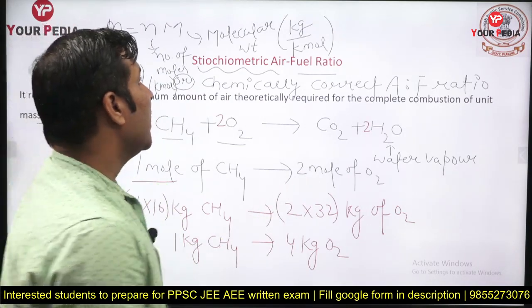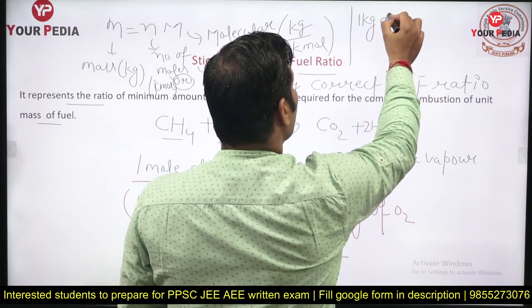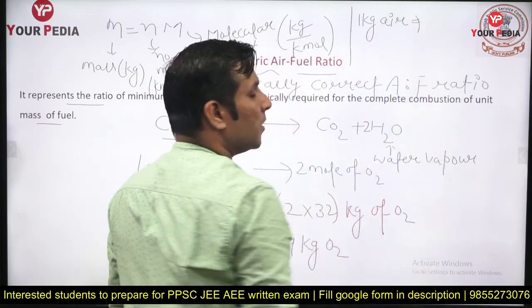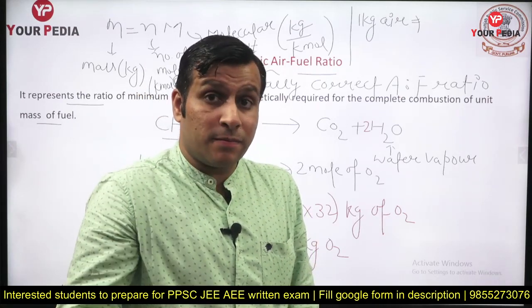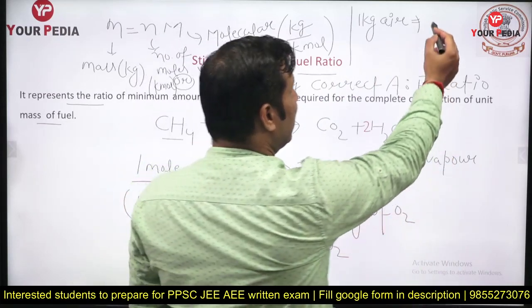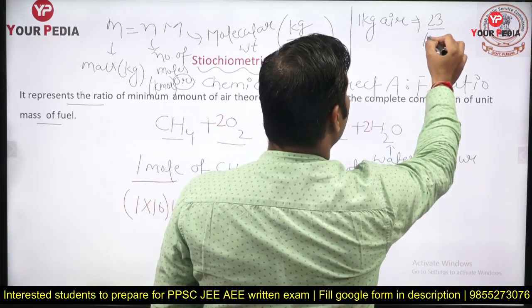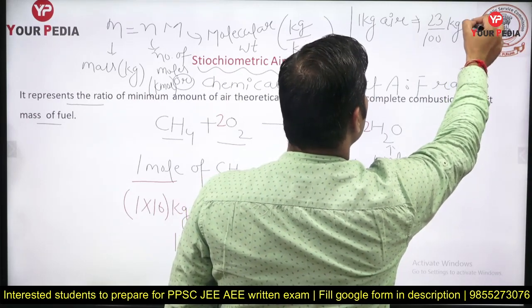You know, guys, 1 kg air contains 23% oxygen, on a mass basis. So 1 kg air contains 23 by 100 kg oxygen.